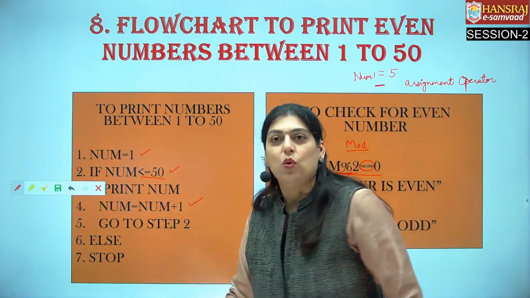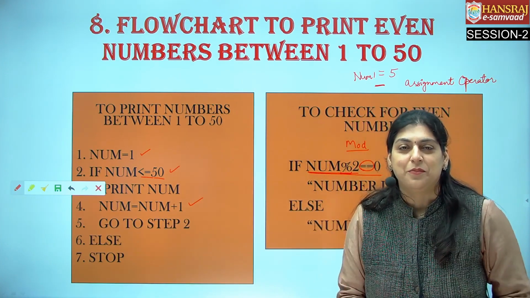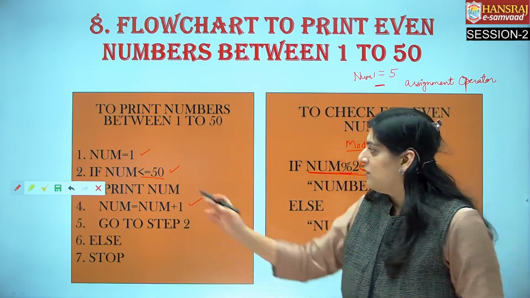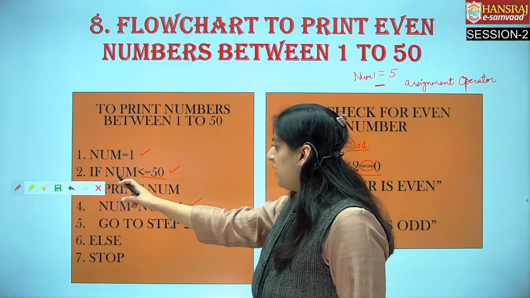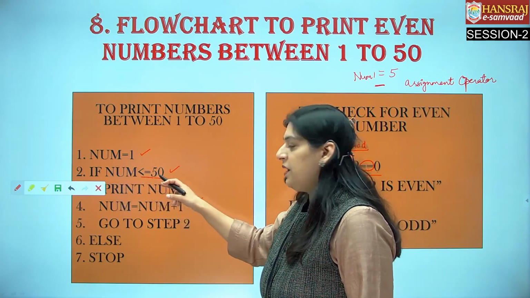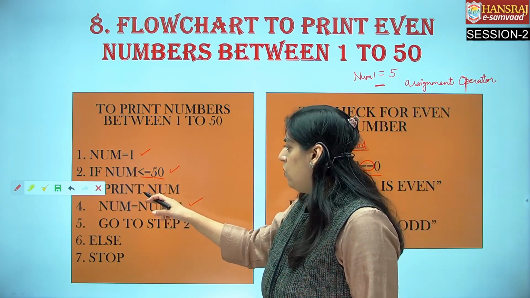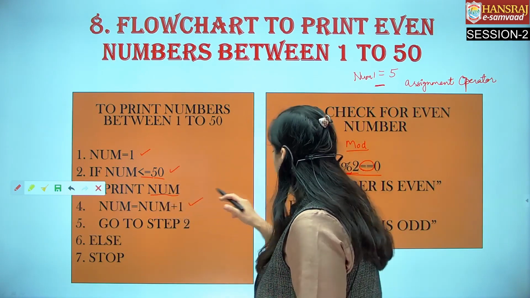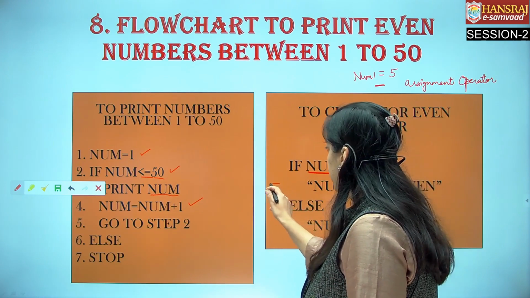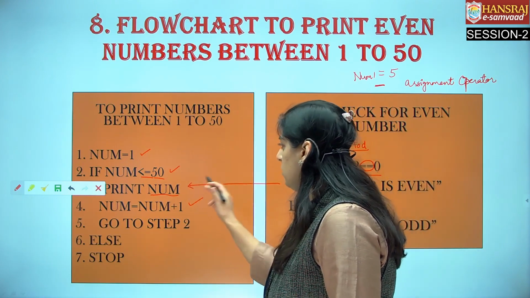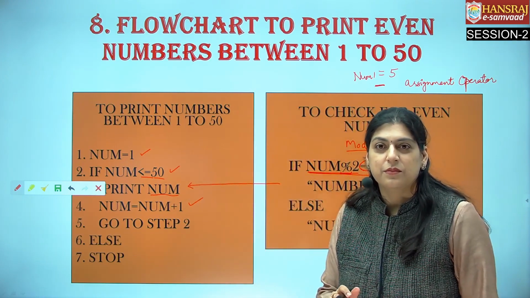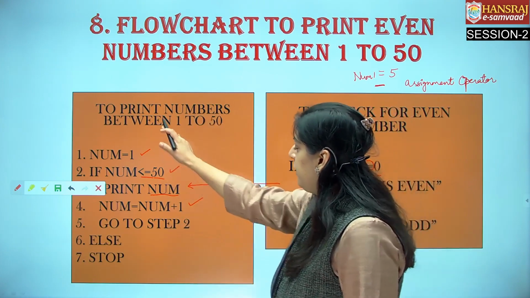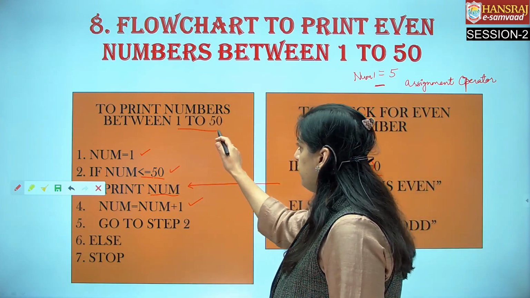Then I am good to go with a looping concept. So num1, check the condition till num is less than or equal to 50. What you have to do is print. I am just printing the number. Then I will be imposing this logic into this part. This logic is simply to print the numbers between 1 to 50.